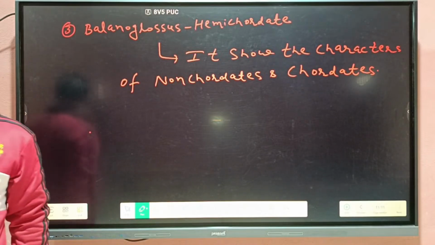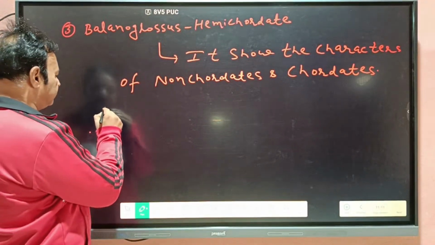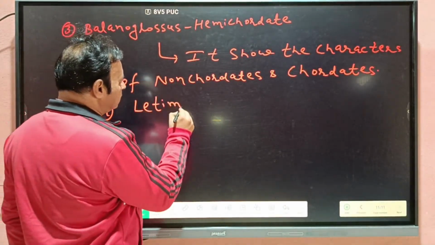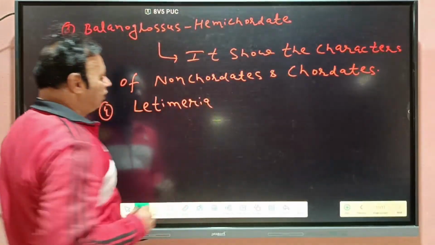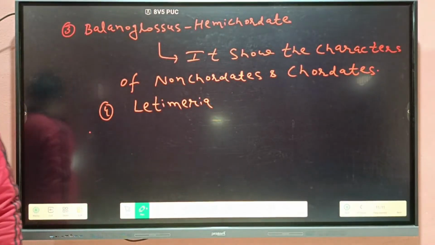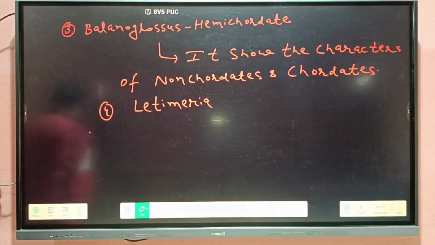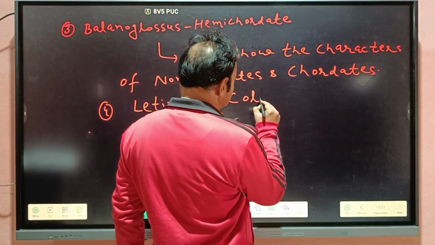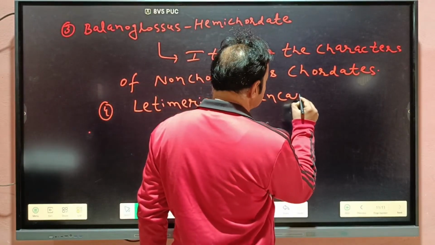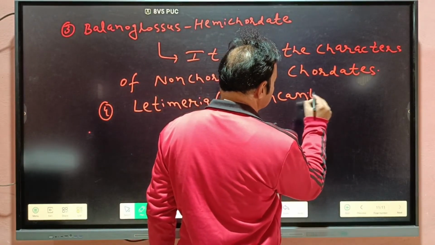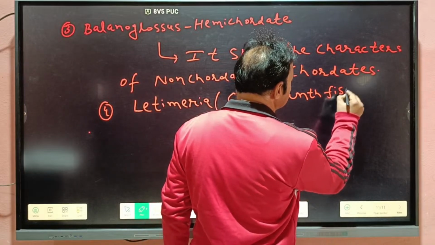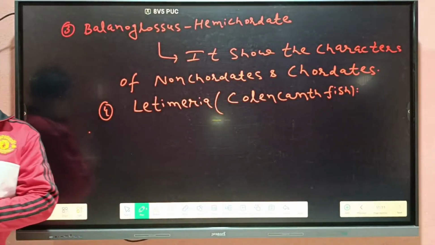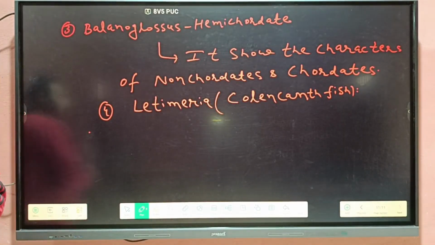Another very good example is Latimeria. It is also called the coelacanth fish. It is a connecting link between fishes and amphibians.